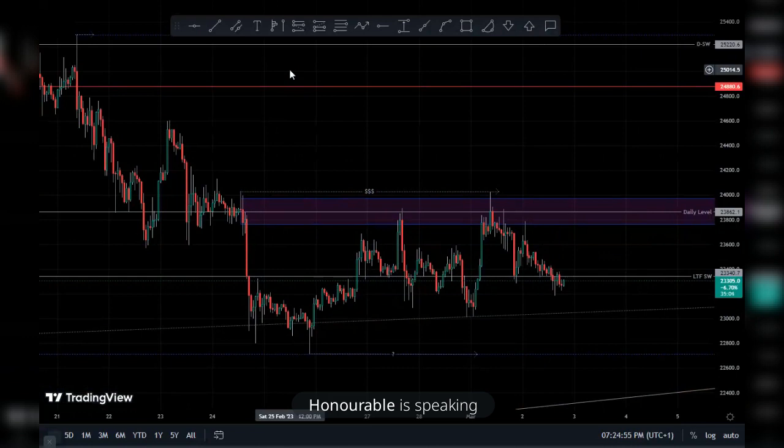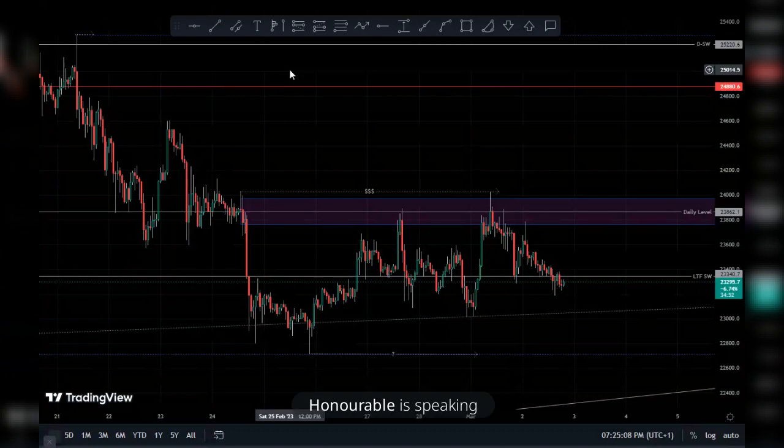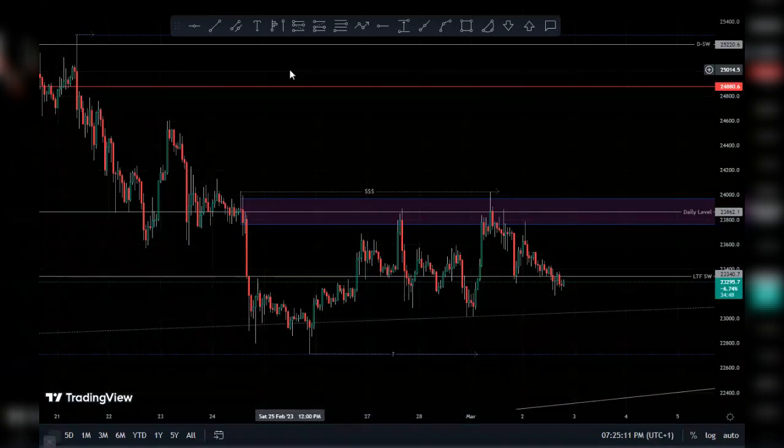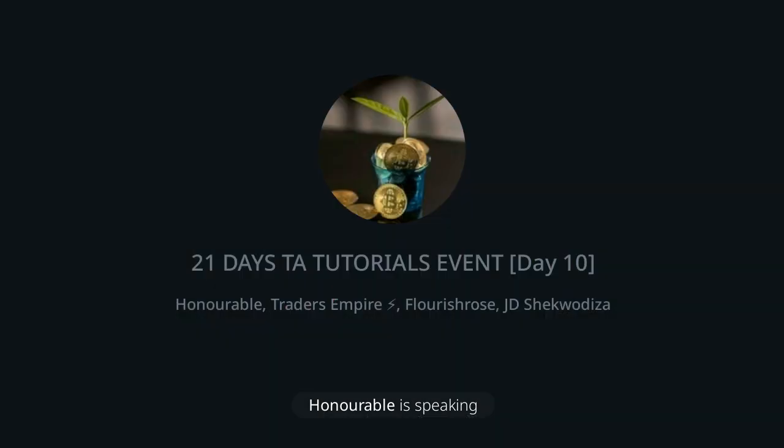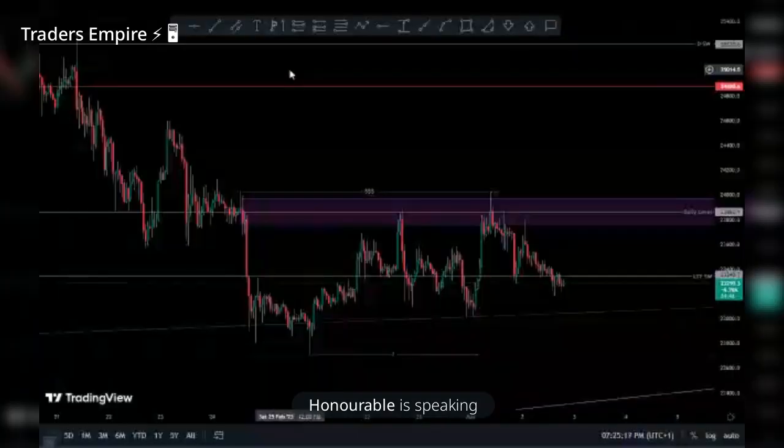That's how to get the Fib levels. You start plotting from the most recent, the most significant swing point.